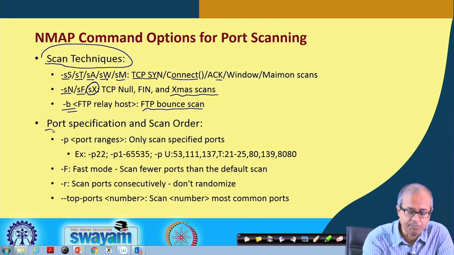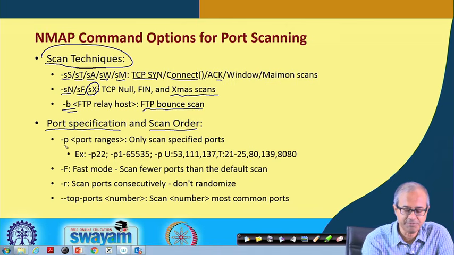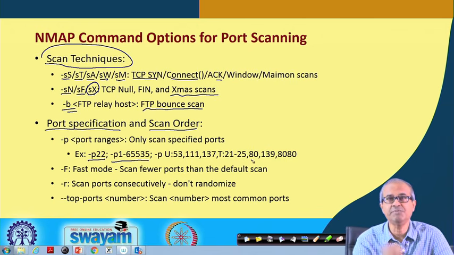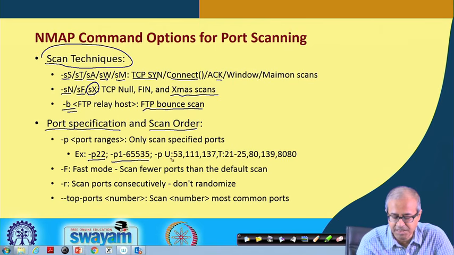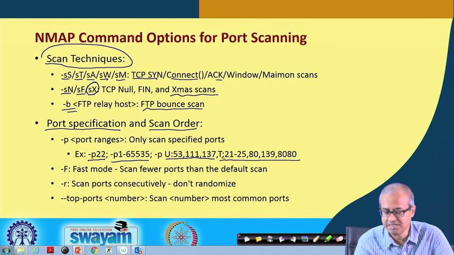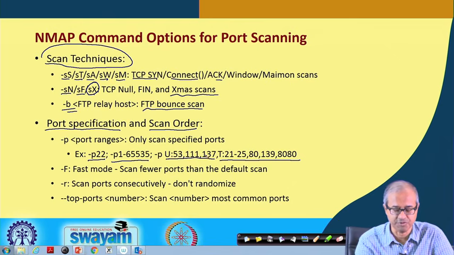And when you specify ports, also scan order, there are various options you can use. -p we have already seen, you can specify a particular port, you can specify a range of ports, you can specify some specific UDP and TCP ports also, like you can specify -p U colon these, that means these refer to UDP ports, T colon these refer to TCP ports, 21-25 means a range, 80, 139, 80, these are all TCP ports. So, you can specify a combination of TCP and UDP port numbers, specific port numbers also.